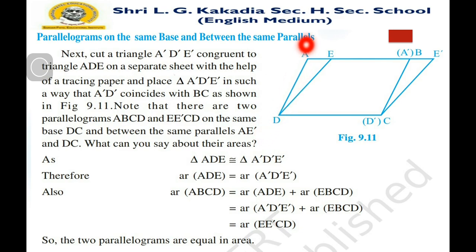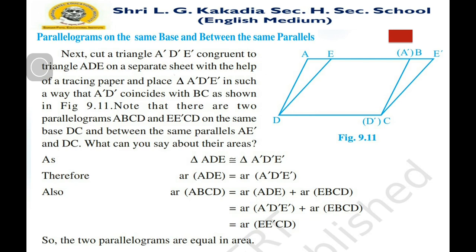Now we know that area of ADE is equal to area of A dash D dash E dash, so we can put here plus area of EBCD, which is equal to area of E dash CD. So the two parallelograms are equal in area.